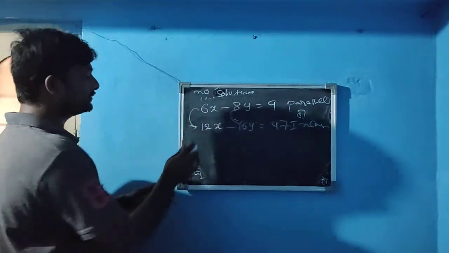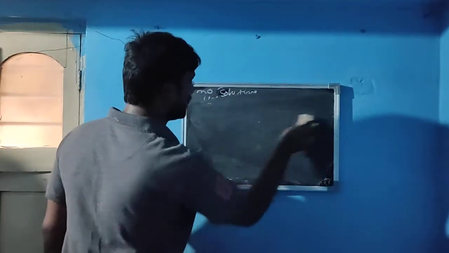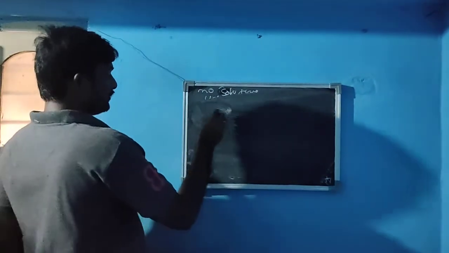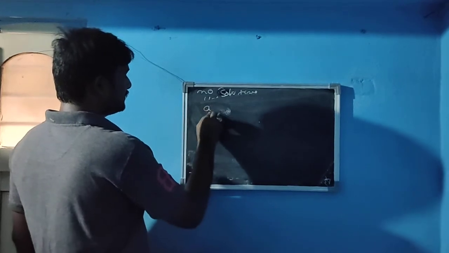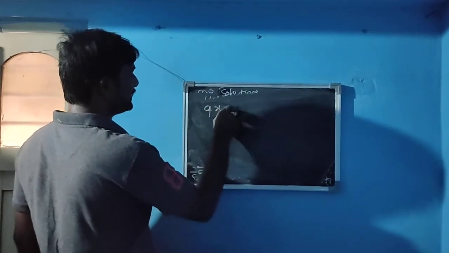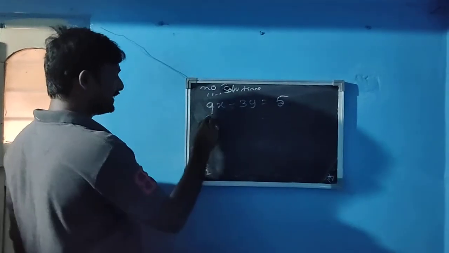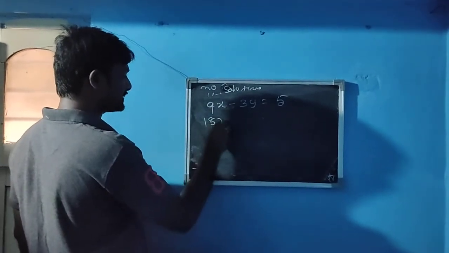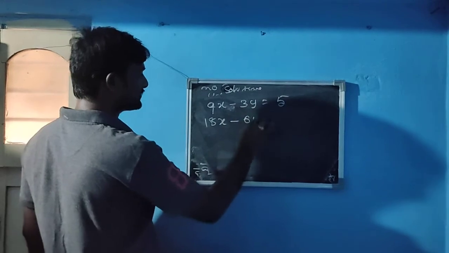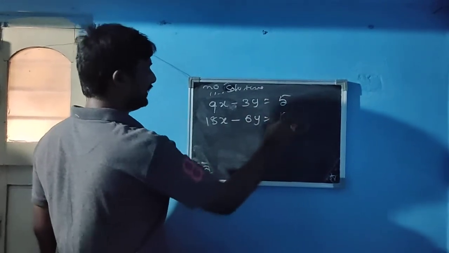So next one is the last topic. 9x minus 3y is equal to 5. 9 twos are 18, 18x. 3 twos are 6y. And 5 twos are 10.